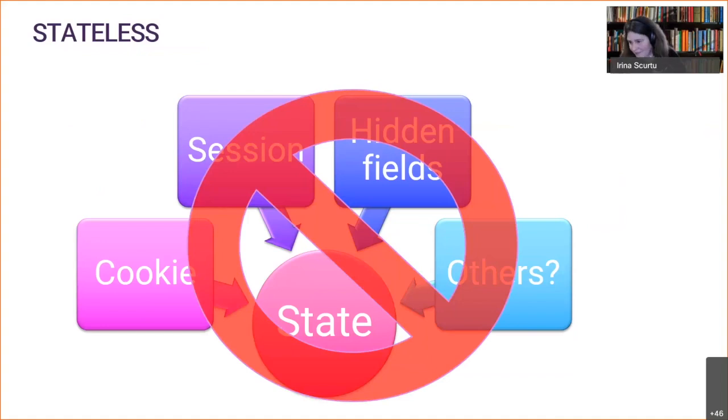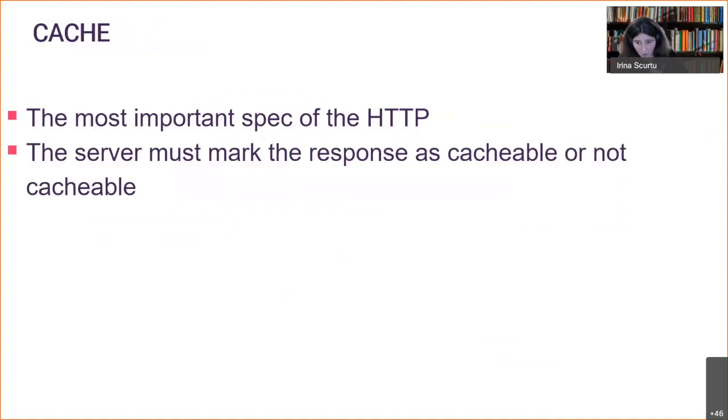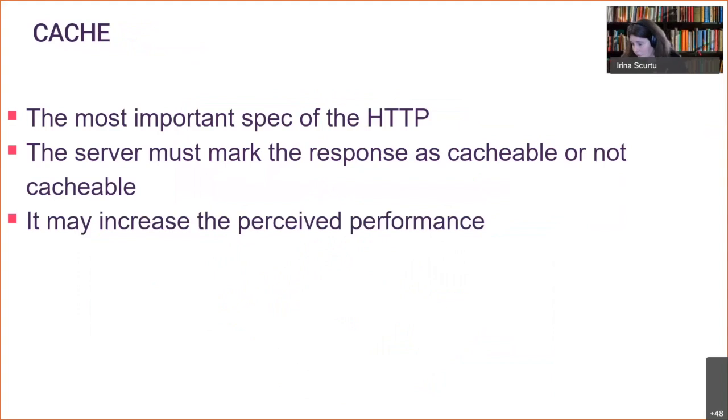So next part, caching. The server is the one that controls which resource must be marked as cacheable, and for how long. How it's done is through headers, the usage of the correct headers, because as an effect, it may increase the perceived performance.